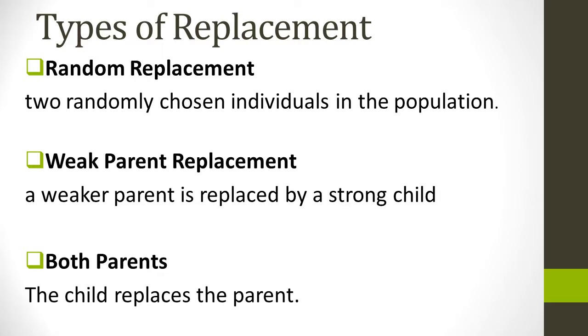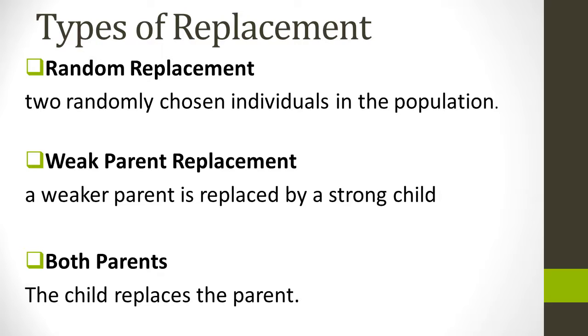Here are some types of replacement: random replacement, weak parent replacement, and both parents replacement. In random replacement, the children replace two randomly chosen individuals in the population. The parents are also candidates for selection.